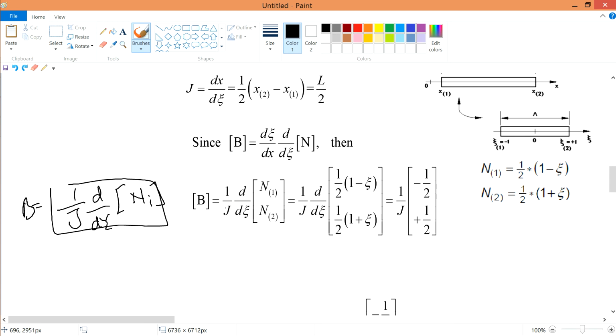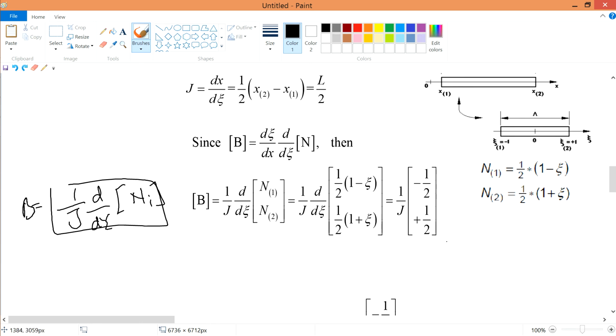Then I'll simply substitute my J as 1 over 2 times (1 minus c). Oh no, for my N over here I'll substitute half (1 minus c) and half (1 plus c), because these are the shape functions for the c domain.